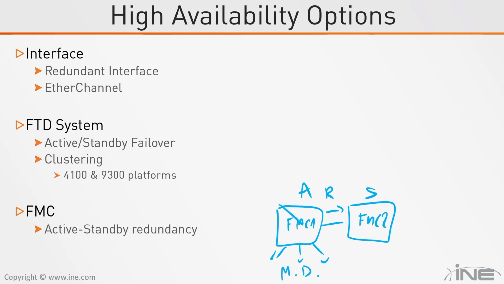So if we lose FMC1, which is the active unit, FMC2 is going to take over, and since the configuration was replicated in the first step, we will not lose it. We will be able to use the second FMC to configure our sensors.